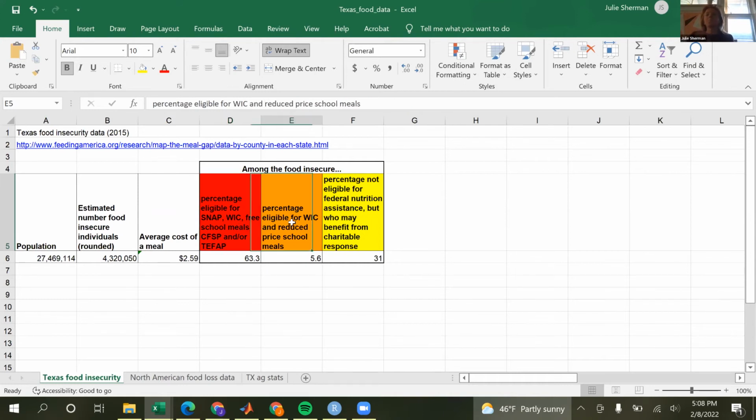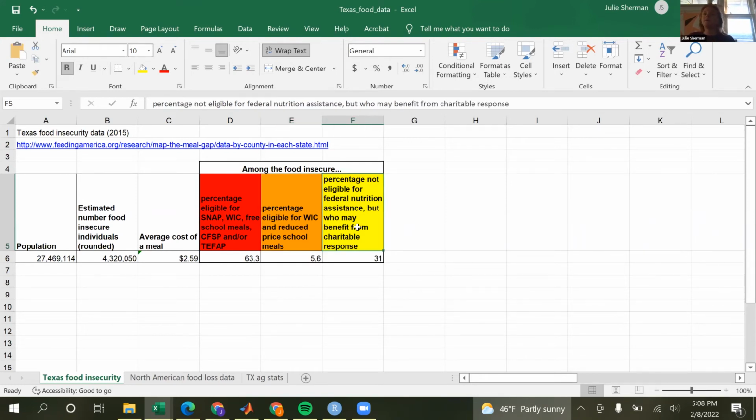Then there's, I guess, an orange category where we are eligible for WIC and reduced price school meals rather than free school meals. So still food insecure, maybe not as high risk as the red category. And then there are some yellow people.